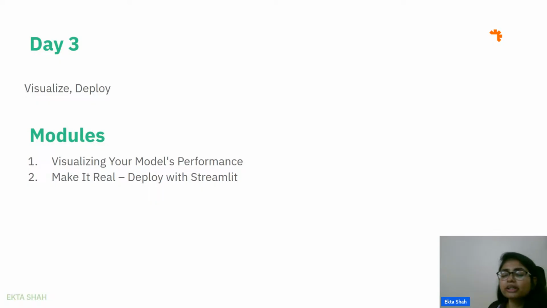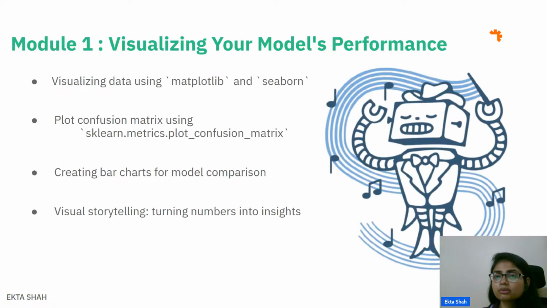The second would be to make it real, that is, deploy with tools like Streamlit and Gradio. These tools help you deploy these models on a UI interface, basically a website or a link on an interface which you, as an end user, can use to work with.